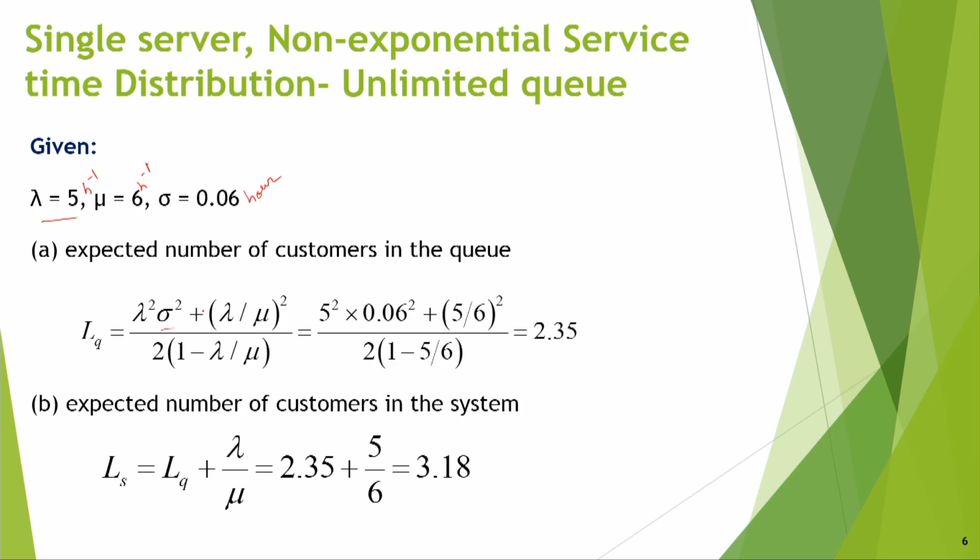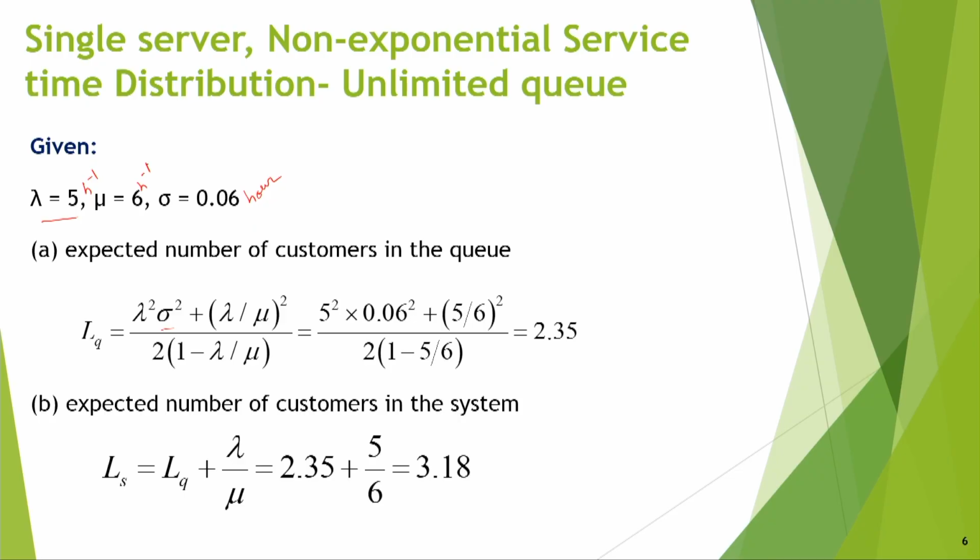So lambda square into sigma square becomes non-dimensional, and lambda by mu, 5 per hour over 6 per hour, is also non-dimensional. Two non-dimensional quantities can be added. These types of checks you should do from time to time, so that you don't make a mistake.